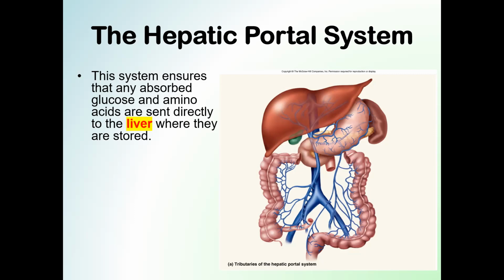And if for some reason a child is born and the hepatic portal system isn't connected properly, and the glucose that's absorbed in the intestine just moves around the body, that baby will be in permanent, he'll be fainting the whole time.